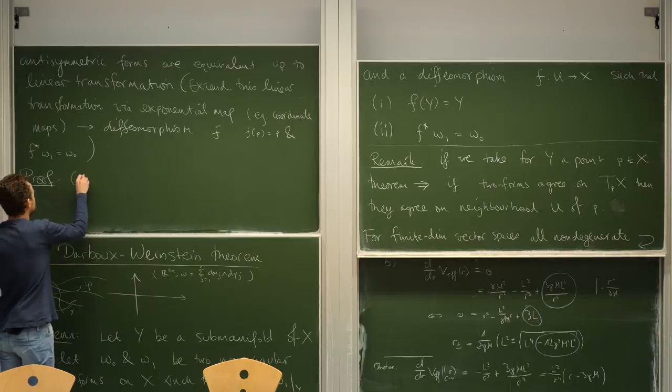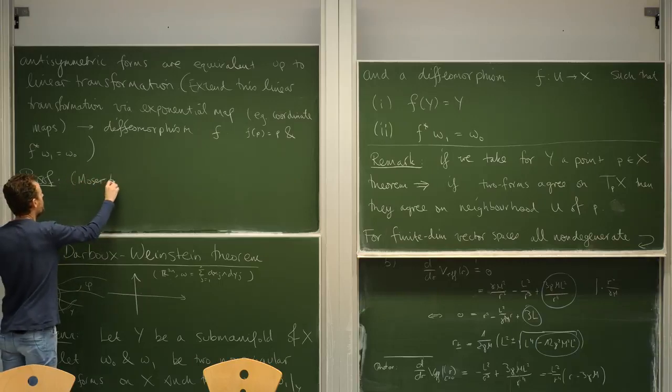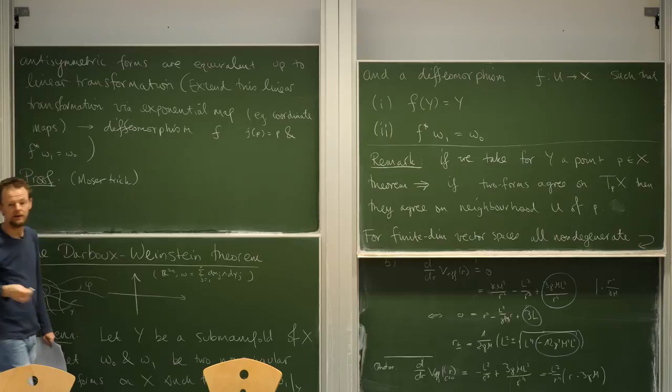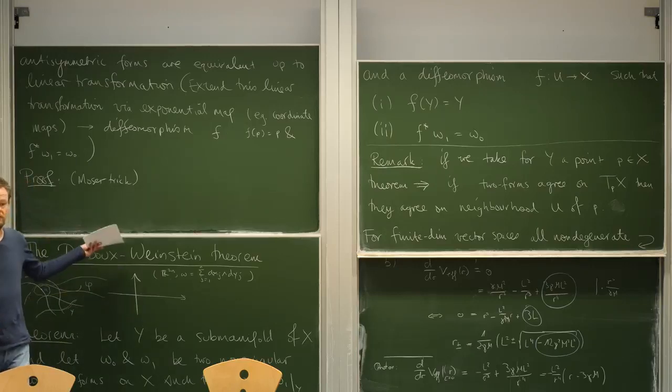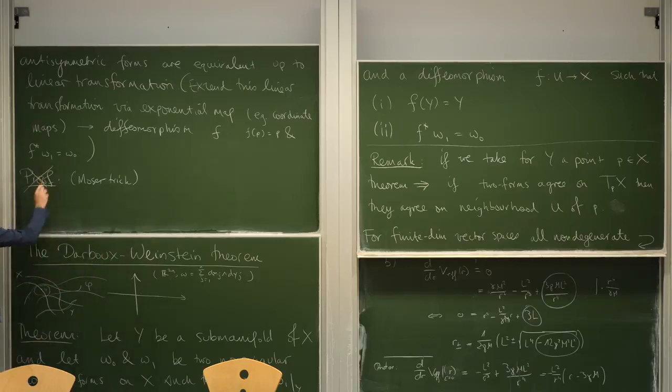So the proof exploits something called the Moser trick, and it's that idea that I want to illustrate in going through the argument for this theorem. So this is not going to be a proof, it's an argument as always, but it's a pretty complete argument.